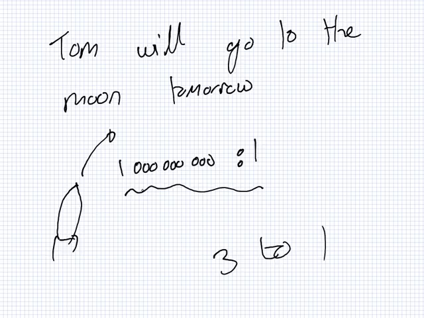Taylor Swift is my girlfriend. Ooh, interesting. What? 10 billion to 1. 10 billion to 1. No, Tom, I think it's better than this. I think you can do better than this. You never know, you might meet her tomorrow. No, 10 billion to 1, that's too high. You're saying that it's more difficult for Taylor Swift to be your girlfriend than to go to the moon.